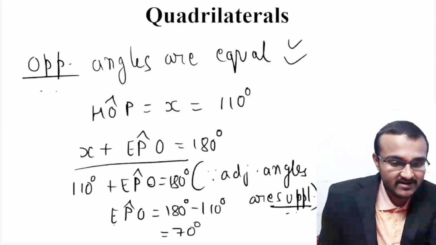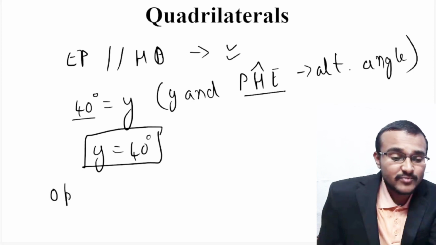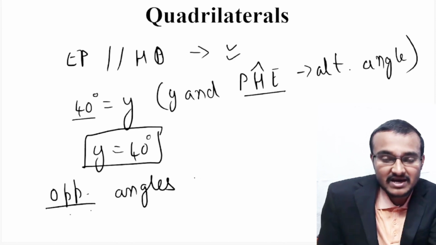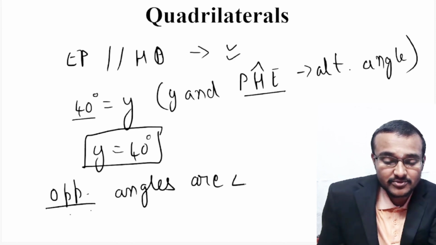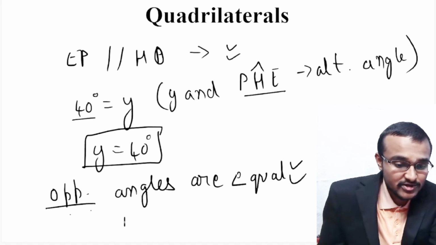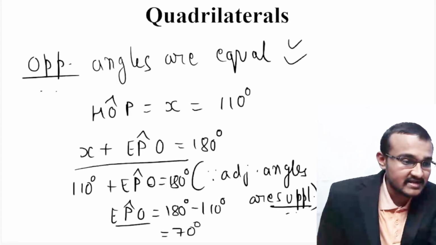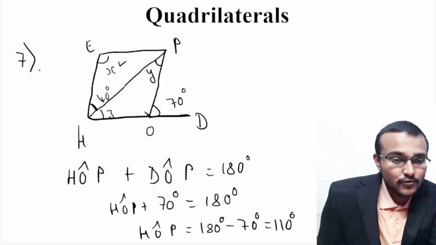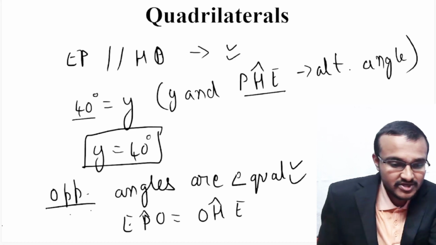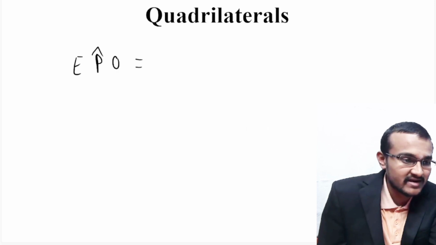Similarly, you can calculate Z also. We have calculated EPO as 70 degrees. We can state another property: in a parallelogram, opposite angles are equal. According to that, the EPO which you have found, 70 degrees, is equal to OHE.